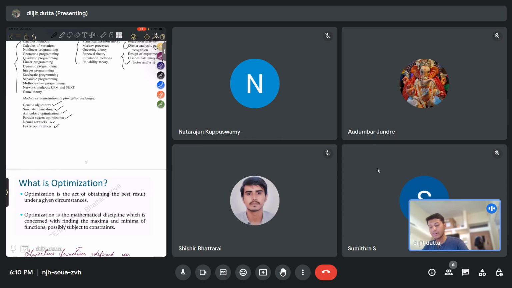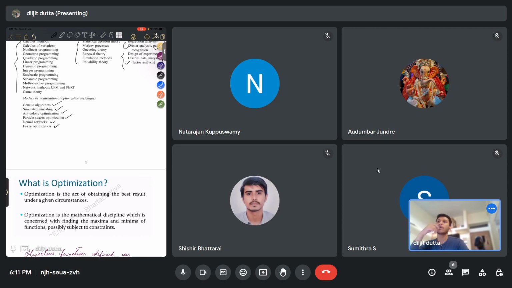Then there are neural networks. Neural networks also come under machine learning and AI. We have a training set, and we have a decision variable. We are going to try to find a relation between those two, the training set and the decision variable, and then we'll try to optimize the relation between them by using the methods of neurons.